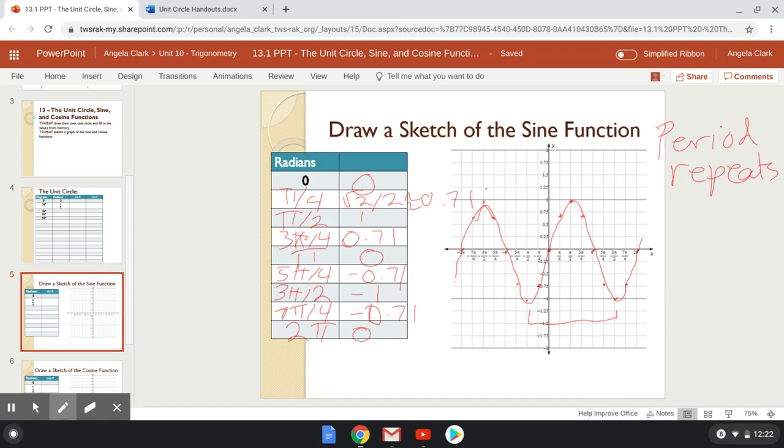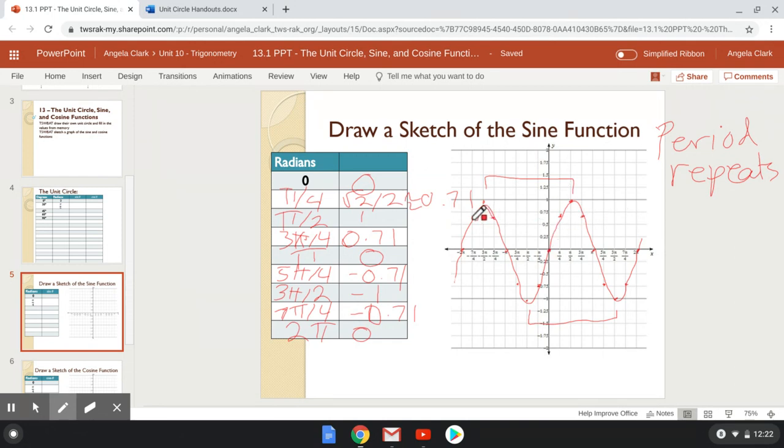We could look at it as going from maximum to maximum. That's a period. You could start anywhere. Minimum to minimum and maximum to maximum are the easiest ways to define a period, but it's anywhere the whole thing starts repeating again.